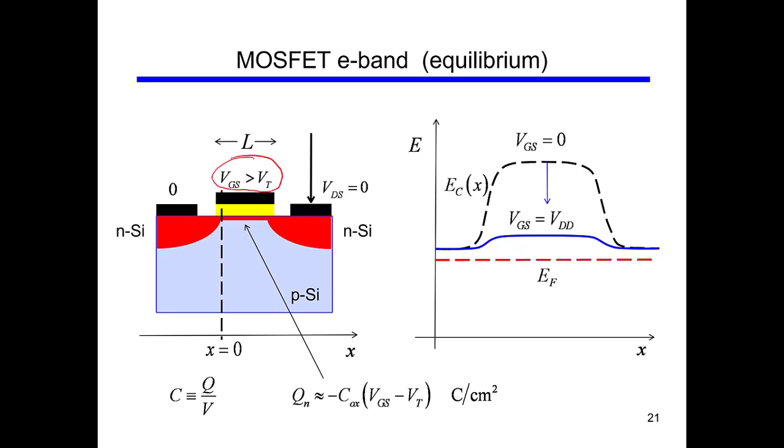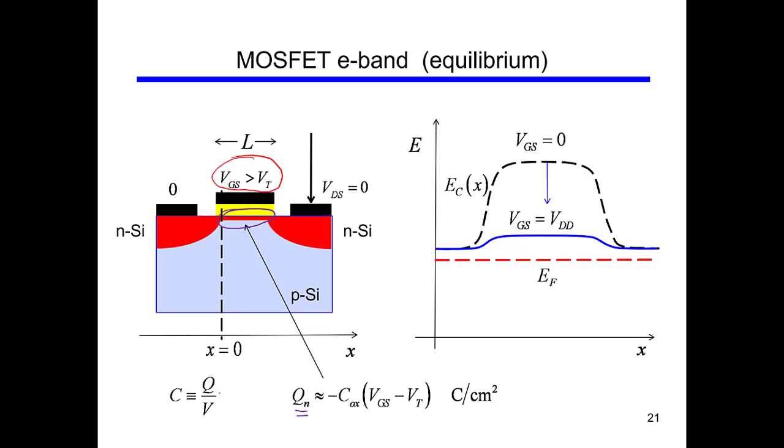that is greater than VT, then we know that there will be a channel, and that channel is developed below the silicon dioxide. If you are interested in the charge in the channel, it is proportional to minus Cox times VGS minus VT per centimeter square. Where does it come from?